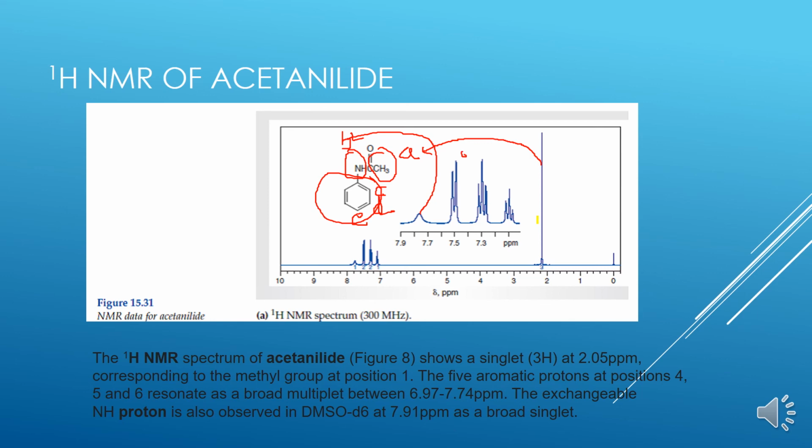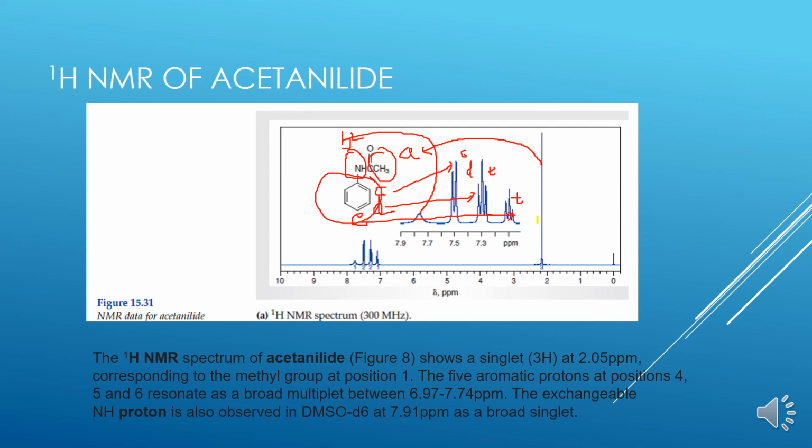Ortho protons are split to give a doublet. Meta protons are split to give a triplet. This is ortho, this is meta, and this one is para. This is a triplet, this is also a triplet, and this is a doublet. Near the ortho position only one meta proton is there, therefore it is a doublet.